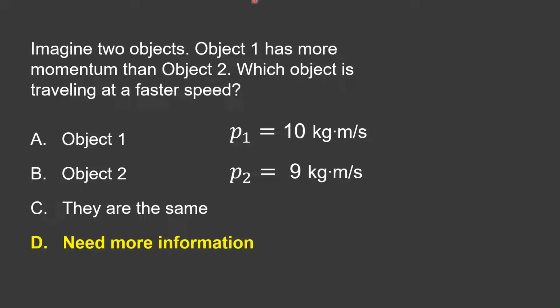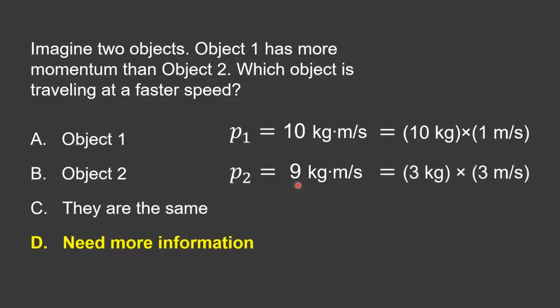Okay, so here I have the momentum of object 1 as 10 kilogram meters per second, and object 2 as 9. So clearly object 1 has more momentum. But this value of 10 can be achieved by having a 10 kilogram object going 1 meter per second. 9 can be achieved by a 3 kilogram object moving 3 meters per second.